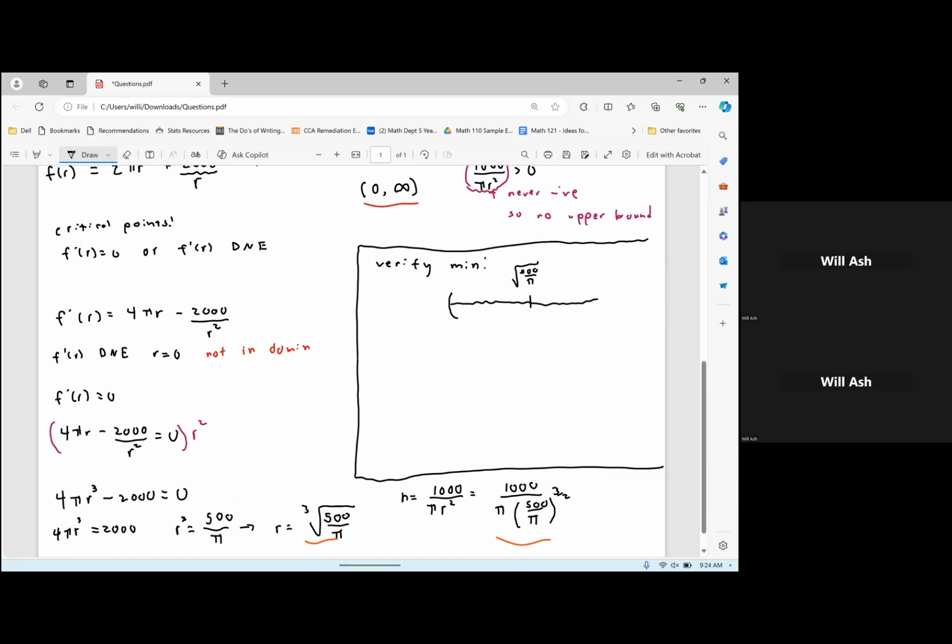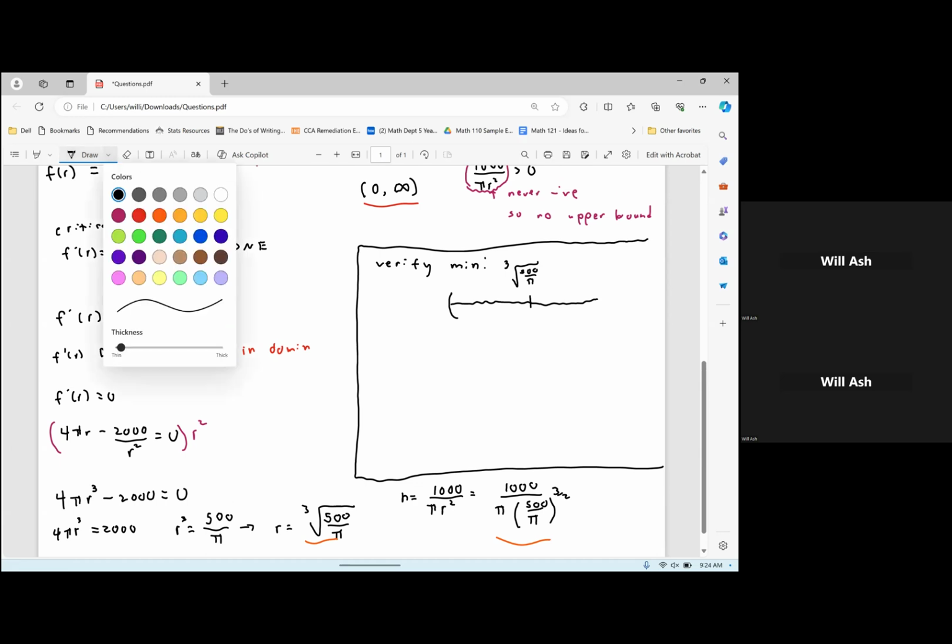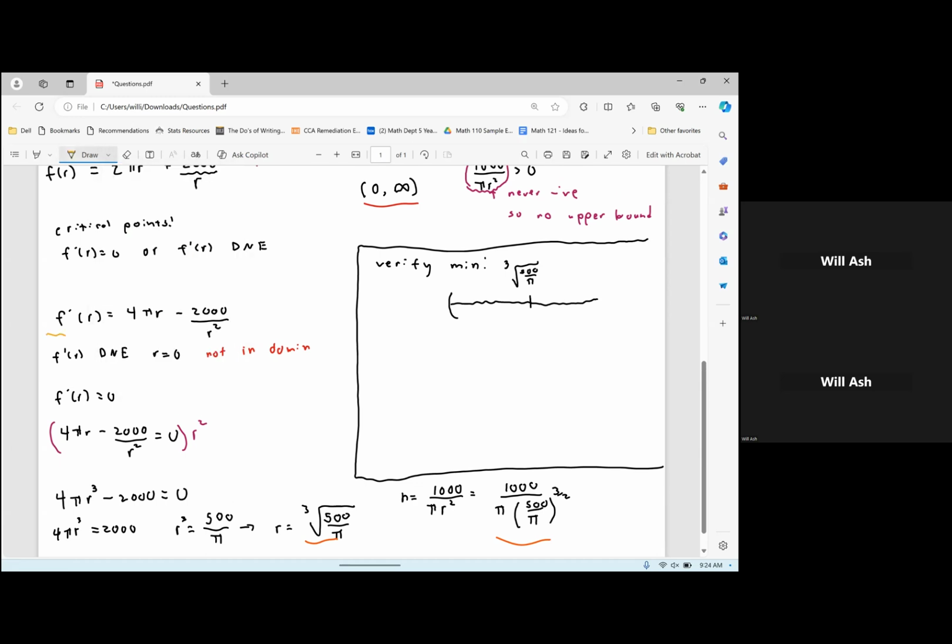And now this number is kind of messy, but if we're looking back, all we really care is that, is my derivative positive or negative?